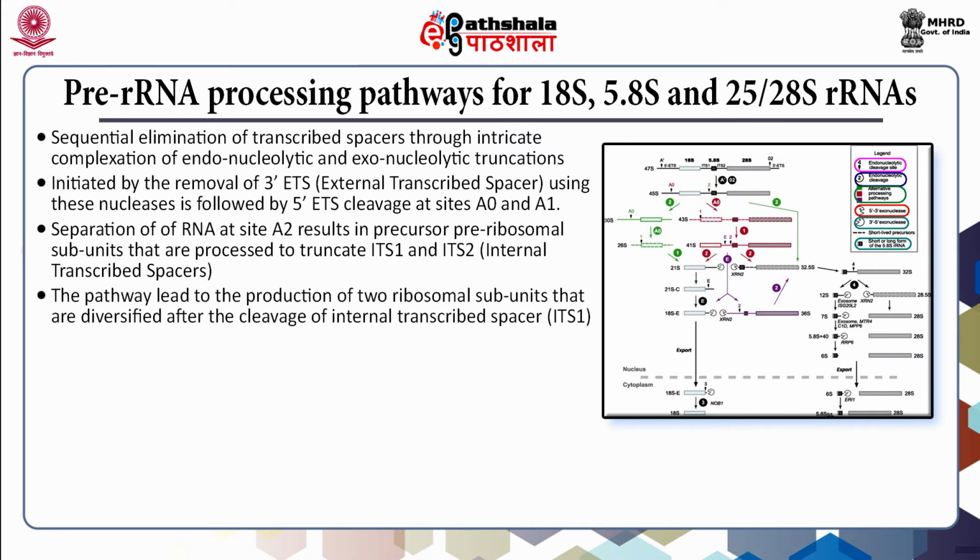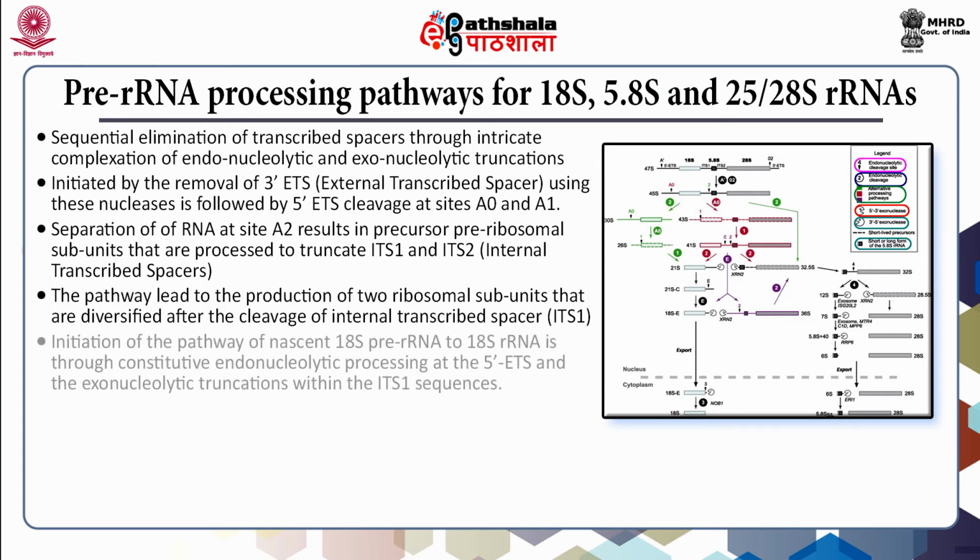The pathways lead to the production of 2 ribosomal subunits that are diversified after the cleavage of the internal transcribed spacer ITS1. The pathway for the nascent 18S pre-rRNA to 18S rRNA is initiated with the constitutive endonucleolytic processing at the 5' external transcribed spacer and the exonucleolytic truncation within the ITS1 sequences.